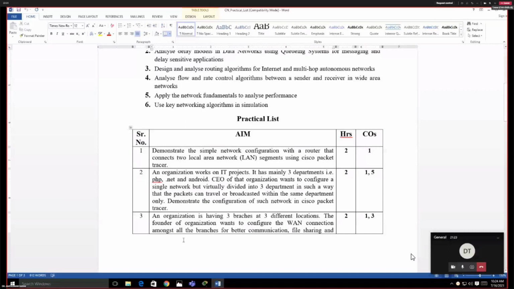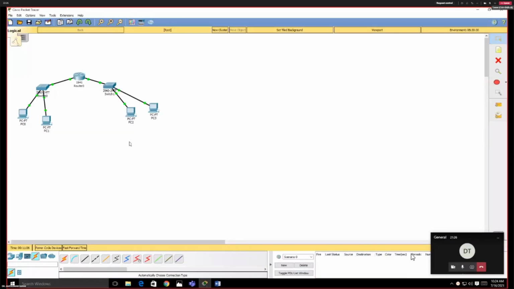Now let me show you the topology which I have created. This is LAN 1. I hope this screen is properly visible to all of you. The portion which I am highlighting right now indicates LAN 1, local area network 1, in which we have two computers connected with a switch.